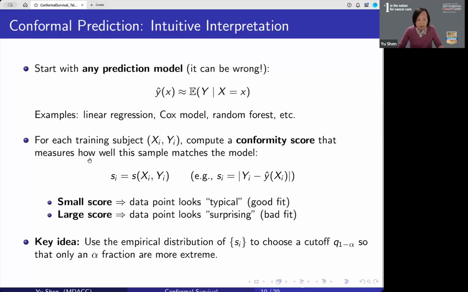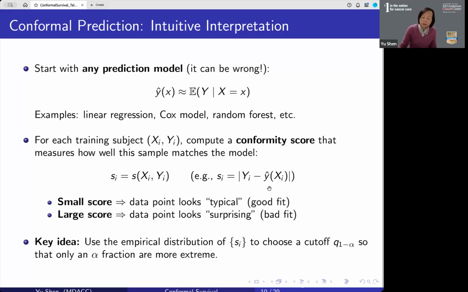We have a whole training data set, X, Y. Then in conformal inference, we need to introduce the concept of conformity score, or sometimes we call it conformal score, which measures how well the sample matches the model. The model, remember, is a working model. It may not be linear regression, but we just use linear regression for simplicity as the working model.